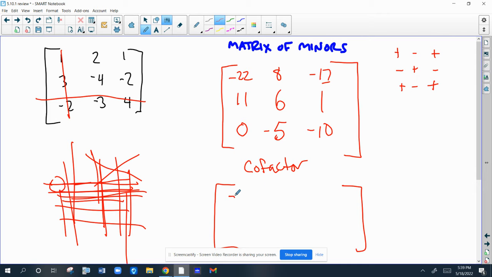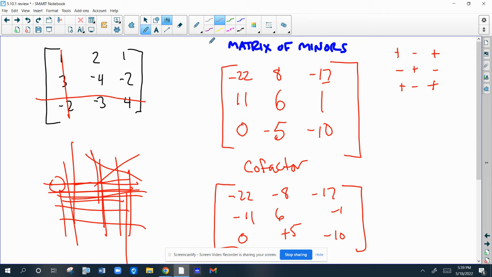All of those are going to keep the same sign, because those are where the plus symbols are. And everything else is going to change the sign because they become negative. So I have -8, -11, -1, and +5. So I didn't have to write positive, I guess.